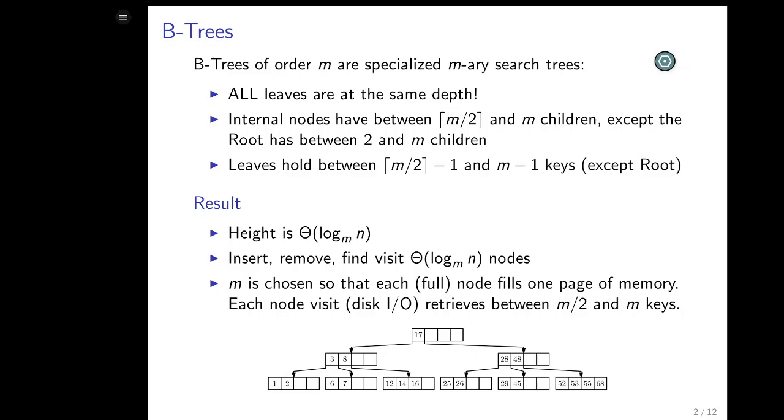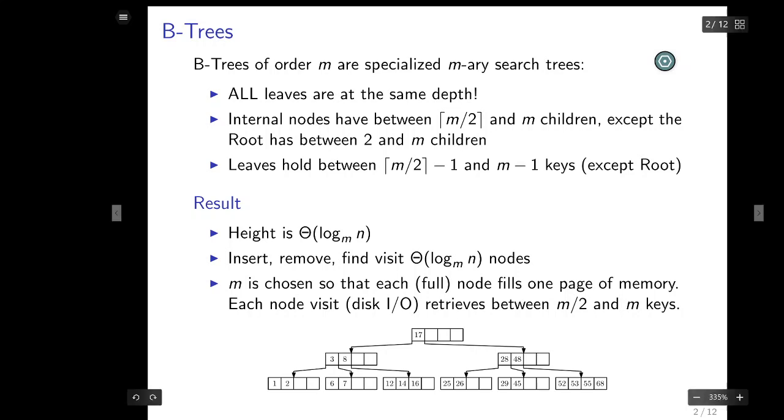This is an additional property of B trees. Everything's pretty much half full or more in a B tree. There aren't any nodes where one key is sitting around in an array of size 17. That never happens in a B tree unless it's the root. All the nodes are more than half full.